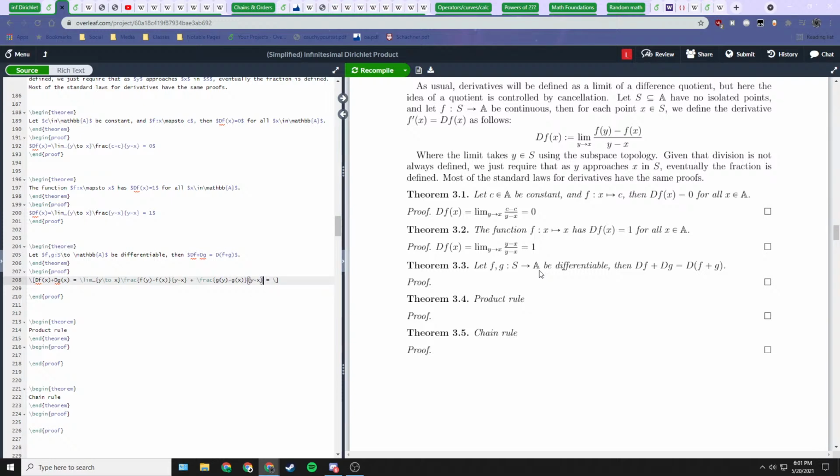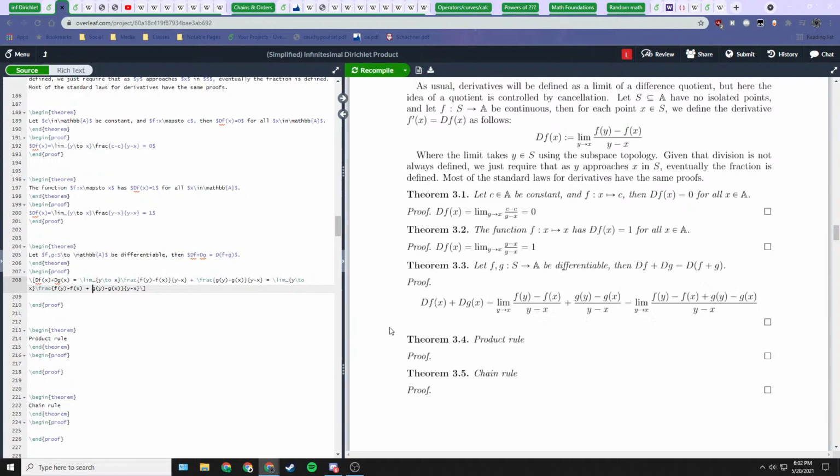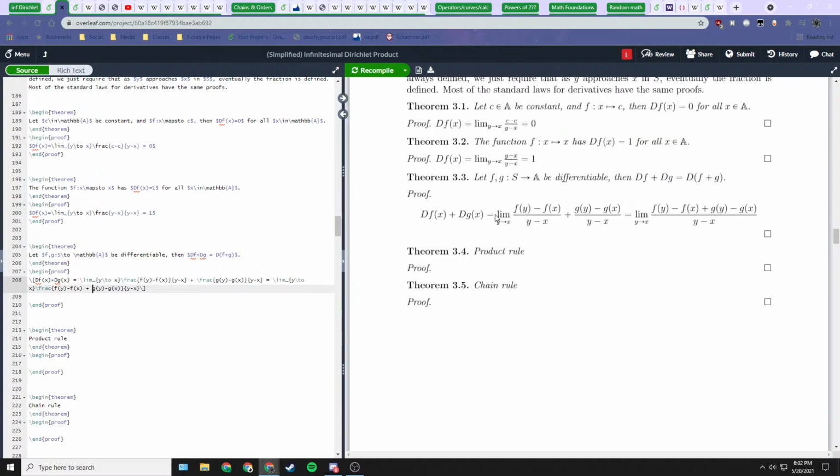And when we merge the fractions, that's just the sum. So when we sum them up, we have these two different limits, and when we merge the fractions, they're just like that, and we can just rearrange the terms.